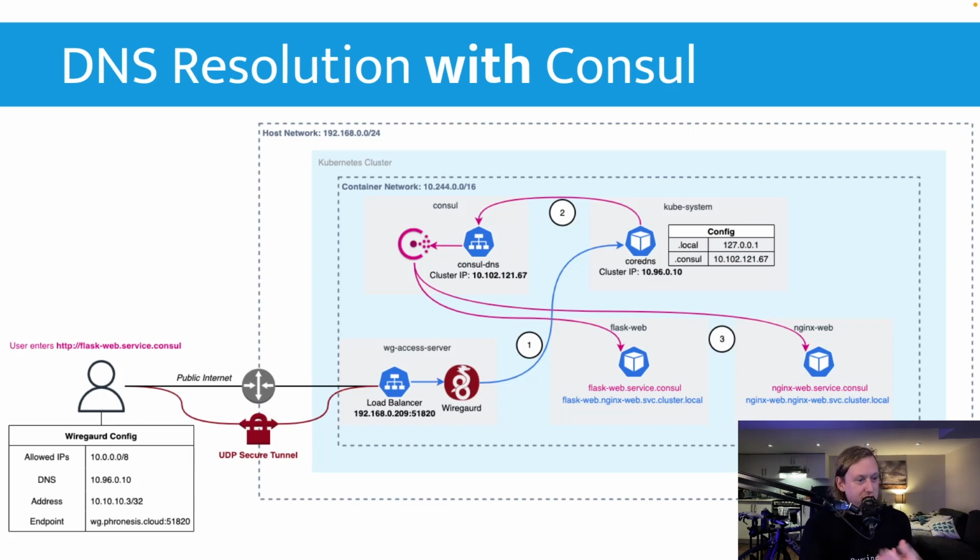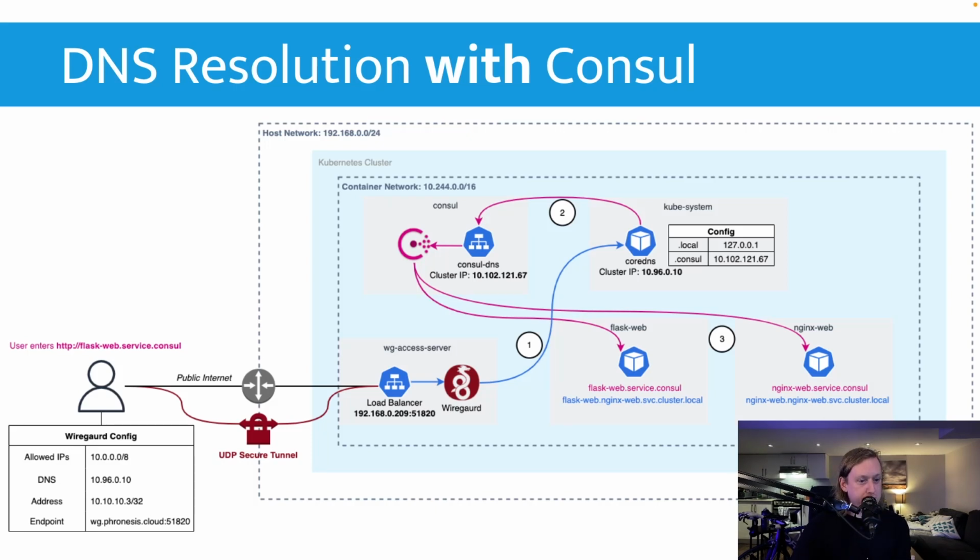What the service catalog does is it registers every service automatically into Consul's DNS database, where without doing any effort, you can now resolve your applications using a shorter DNS, sort of a flattened DNS. You don't have to worry about the namespace. You just have to worry about the name, service.consul. That's how you can resolve. That's exactly how I have it set up here.